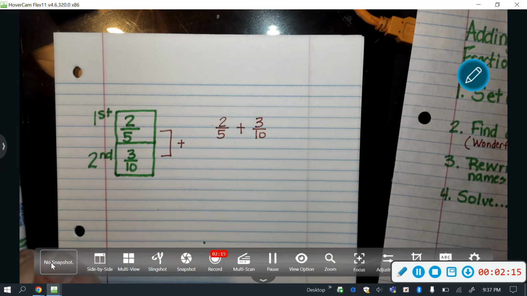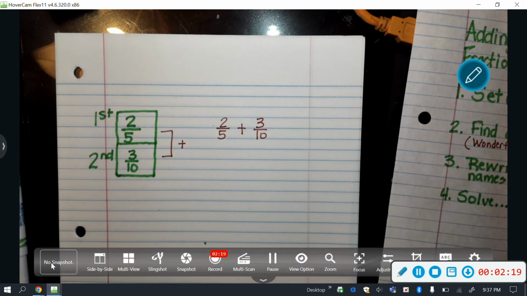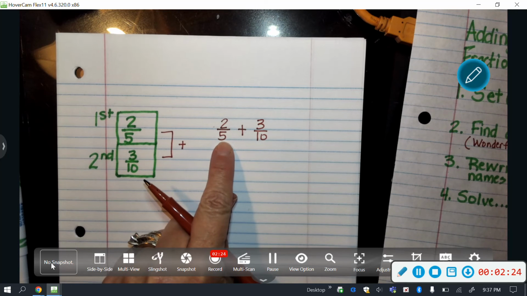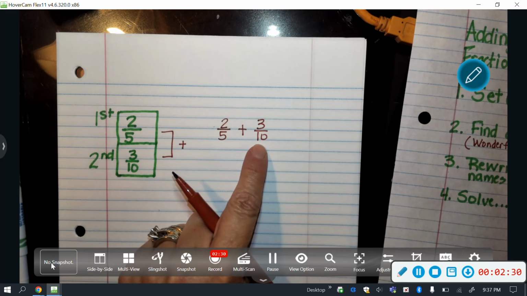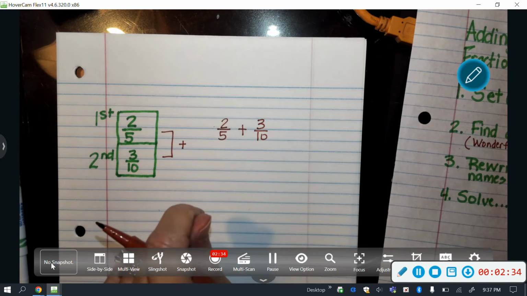Since I don't have common denominators, I'm going to need to find them now. One of the easiest things to do is to take the smallest denominator, like 5, and see if I can count to 10 so that I only have to rename one of my fractions.